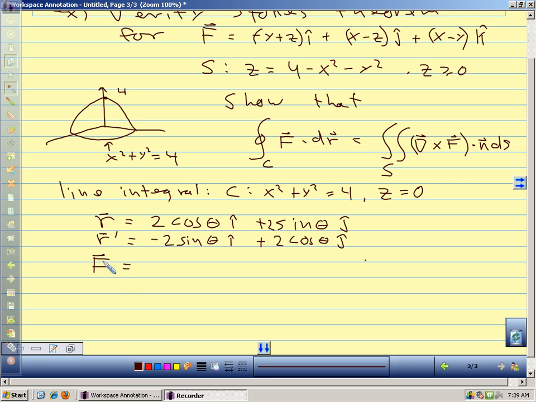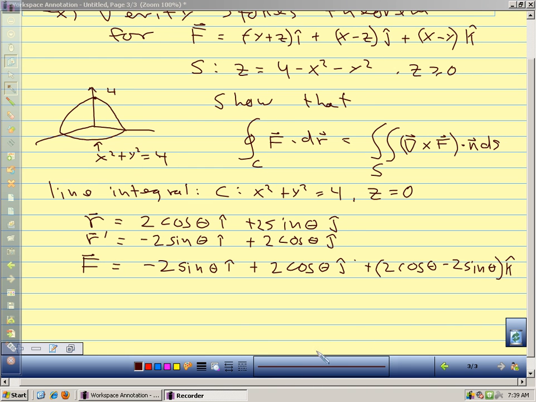So F is minus 2 sine theta i, plus 2 cosine theta j, remember z is 0, plus 2 cosine theta minus 2 sine theta k. So there's our field expressed in terms of our parameterized curve.